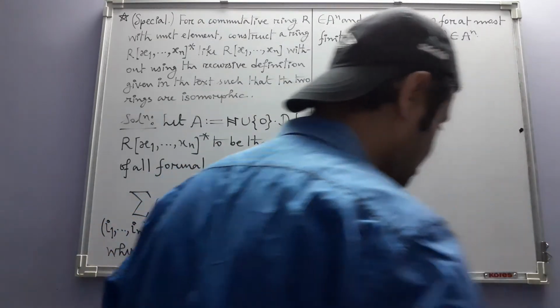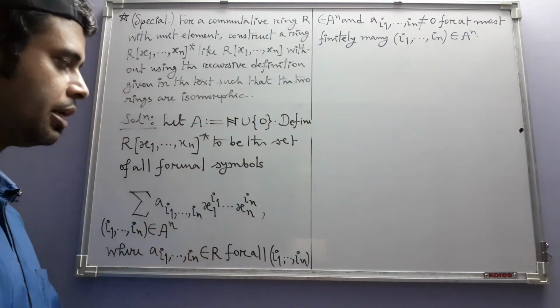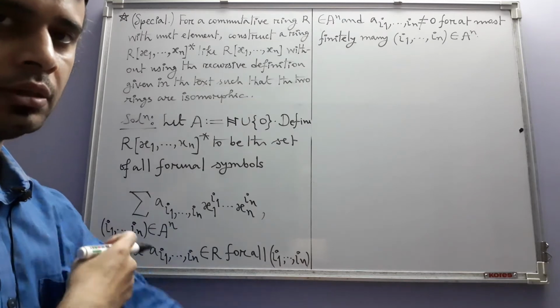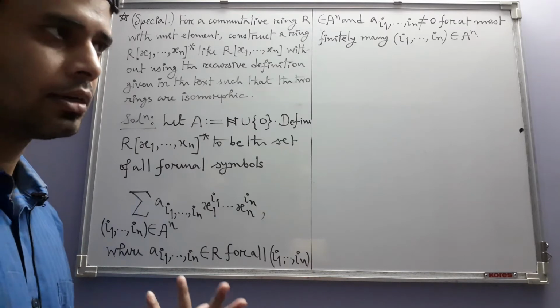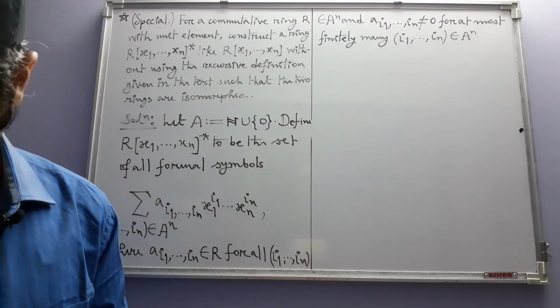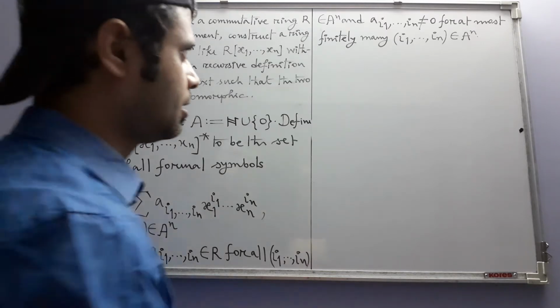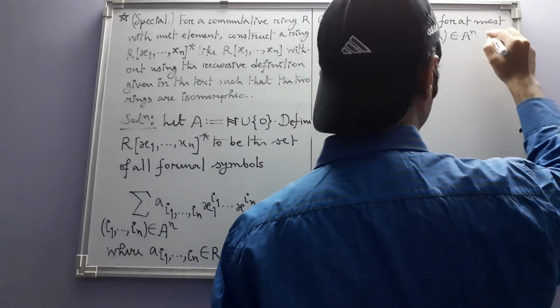Okay, now in this set of formal symbols, we are going to first of all define equality. When are we going to say that two such formal symbols are equal? Yeah, we have to first define equality.